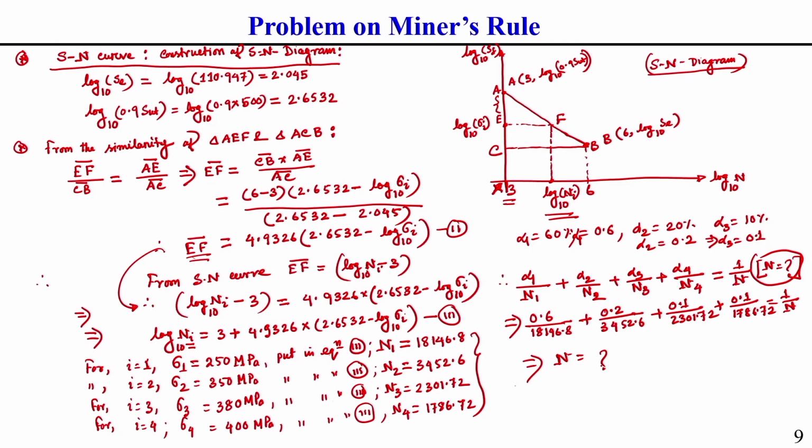This way we can find the total life of a component like a butt welded joint, which is subjected to 4 different stress levels, sigma 1, sigma 2, sigma 3 and sigma 4.